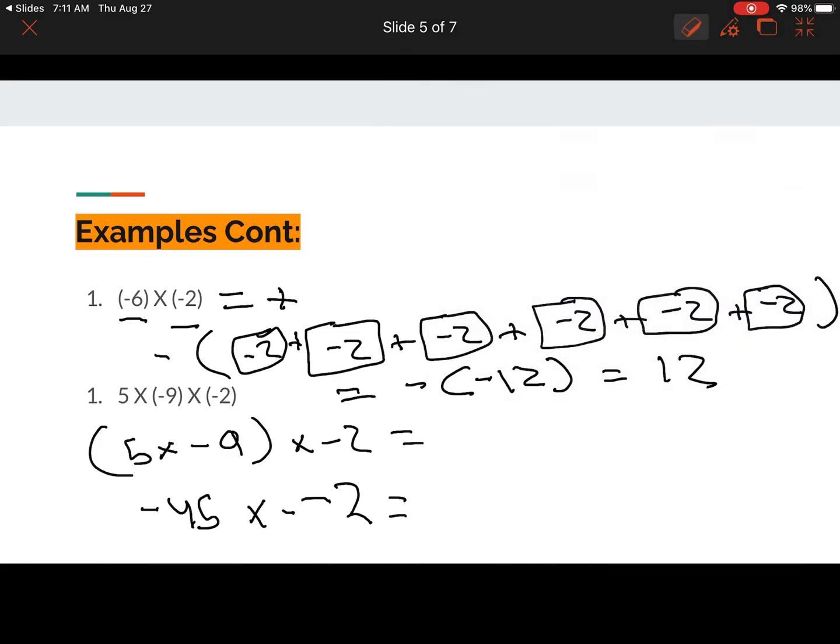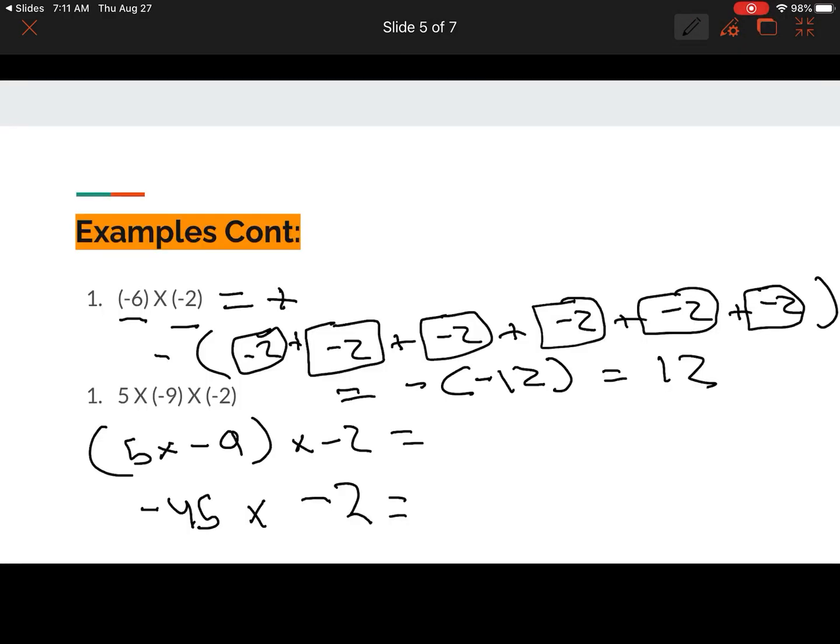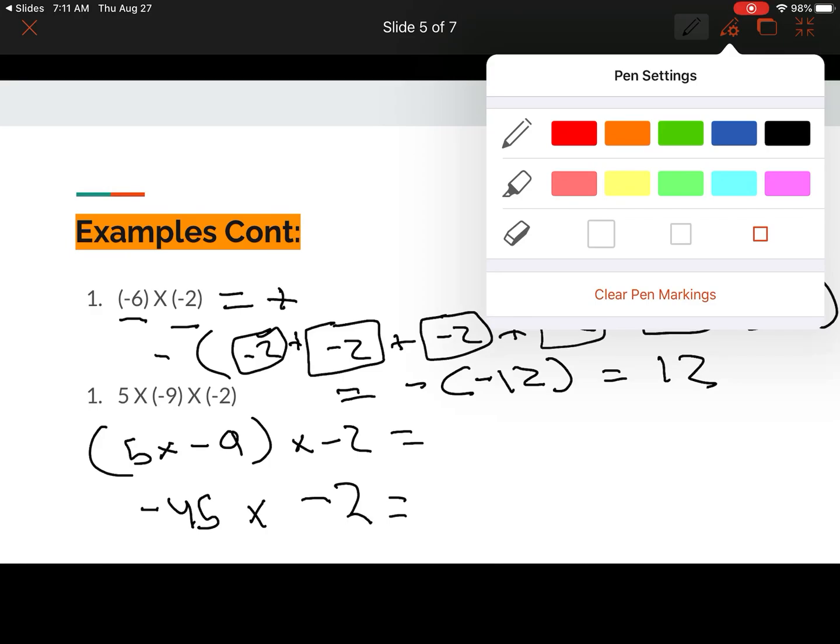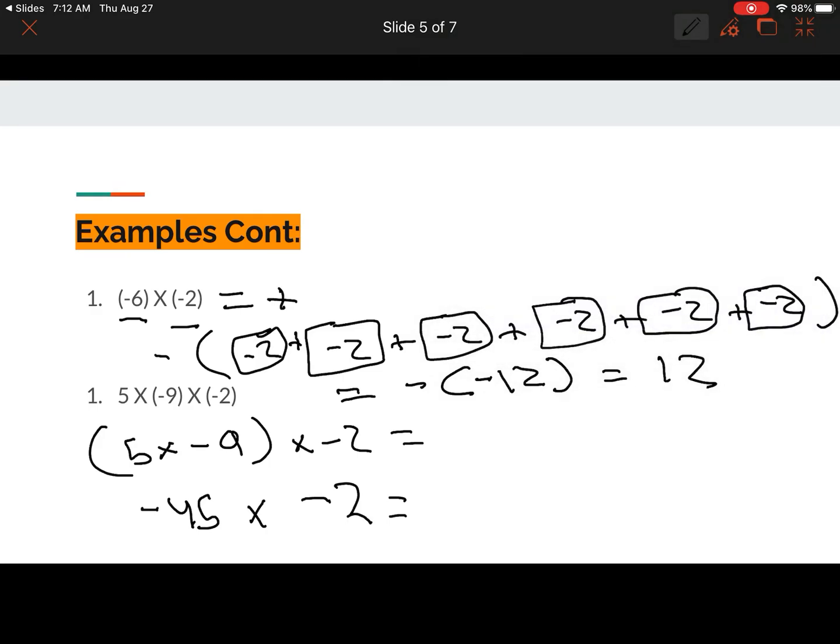If we remember, a positive times a positive equals a positive, but also a negative times a negative would equal a positive. So negative 45 times negative 2 would be equal to 90, because 45 times 2 is equal to 90, and we're just getting rid of those signs there. That means 5 times negative 9 times negative 2 would be equal to 90.